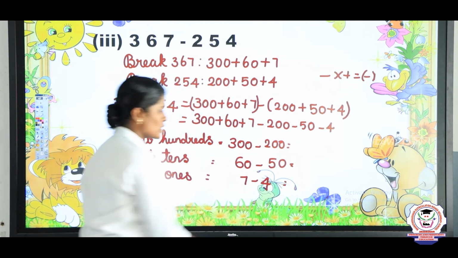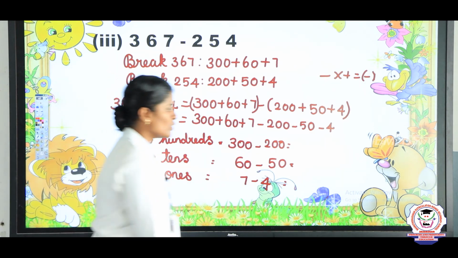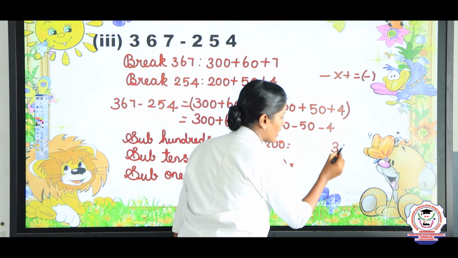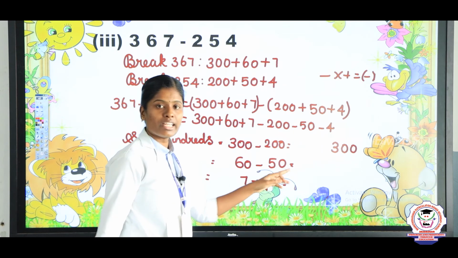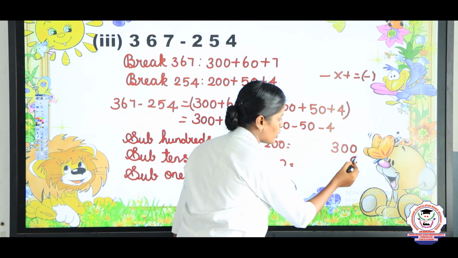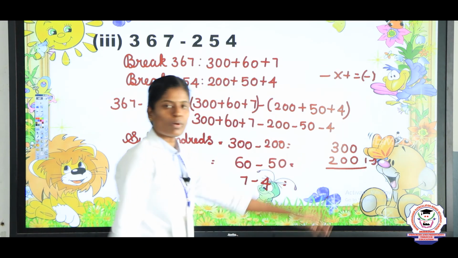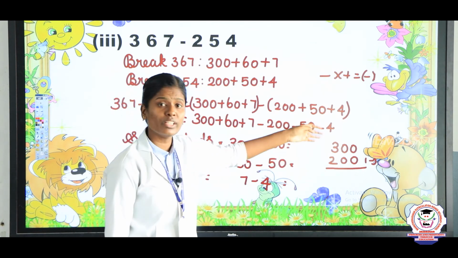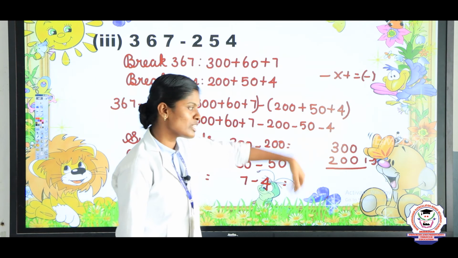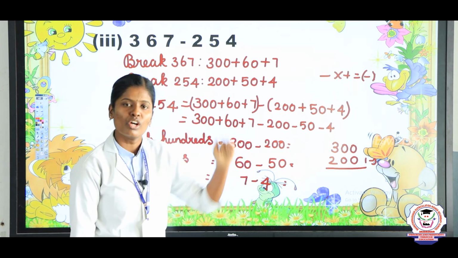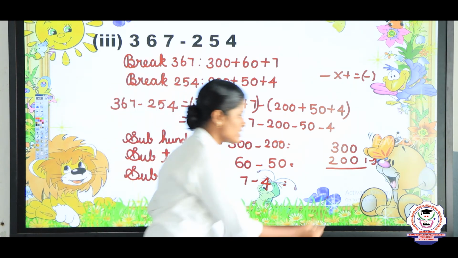Now take the 100's values. Here the 100's values are 300 minus 200. While subtracting, first we take the 1's place value, then 10's place value, then 100th place value. Here the 1's place values are 0 and 0. So 0 minus 0, the answer is 0.